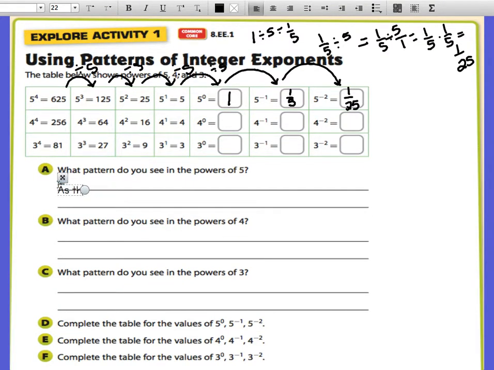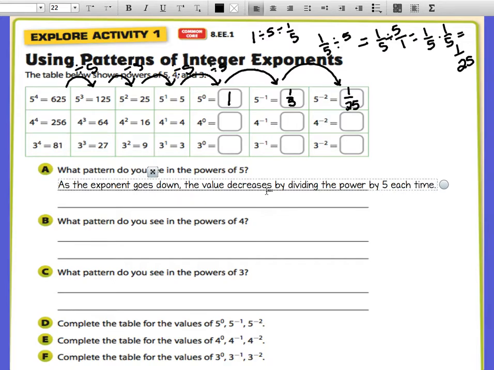So as the exponent goes down, the value decreases by dividing by 5 each time.